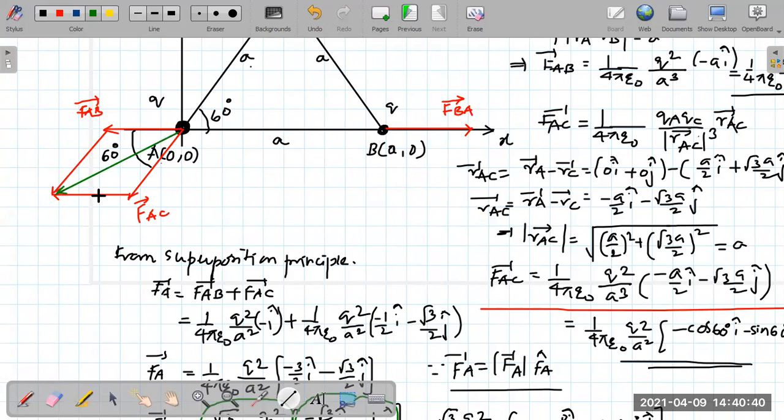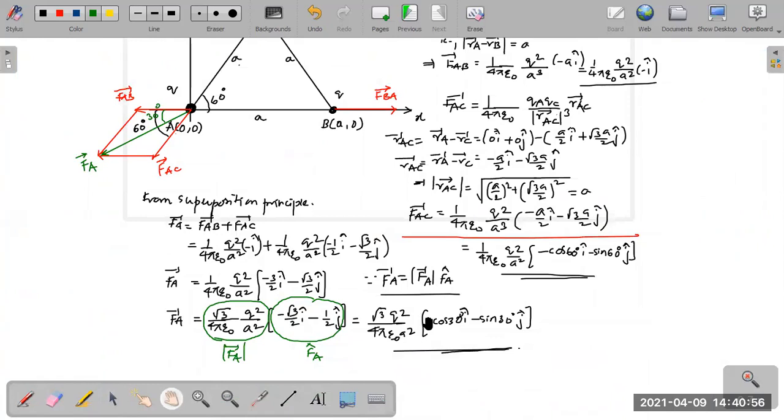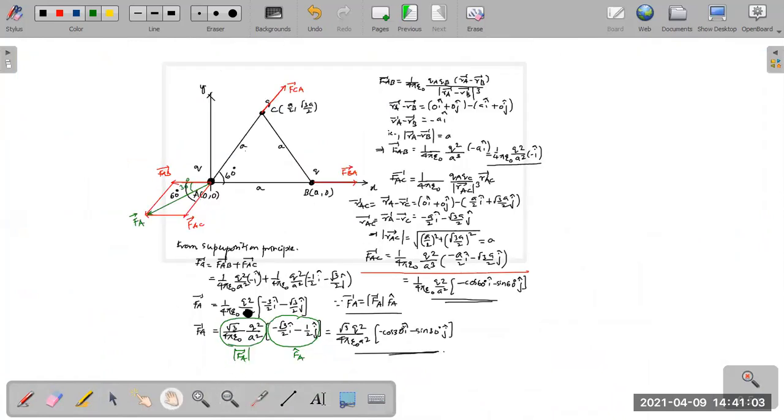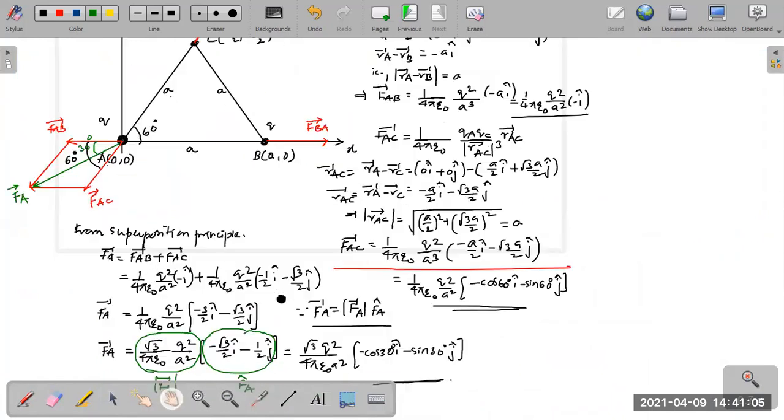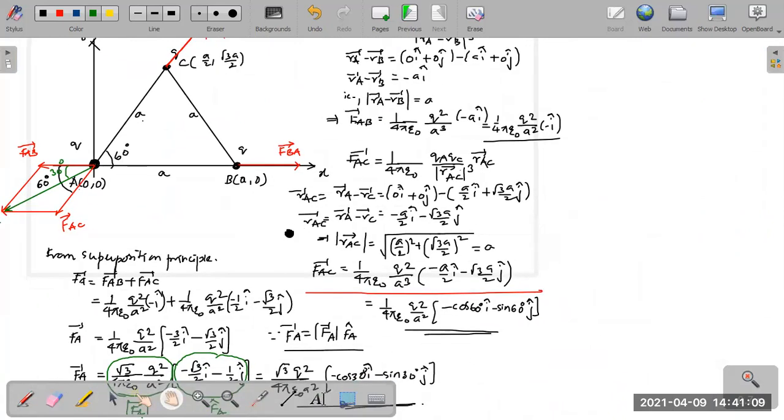This is the total force on A. And now this is making an angle of how much? 30 degrees with the horizontal. That's why we got the unit vector as minus cos 30 I cap and minus sin 30 j cap. Is that okay? So this is how we solve for forces in vector form.